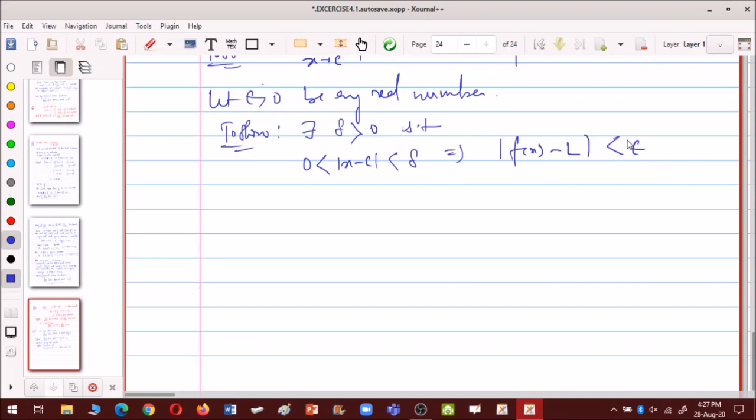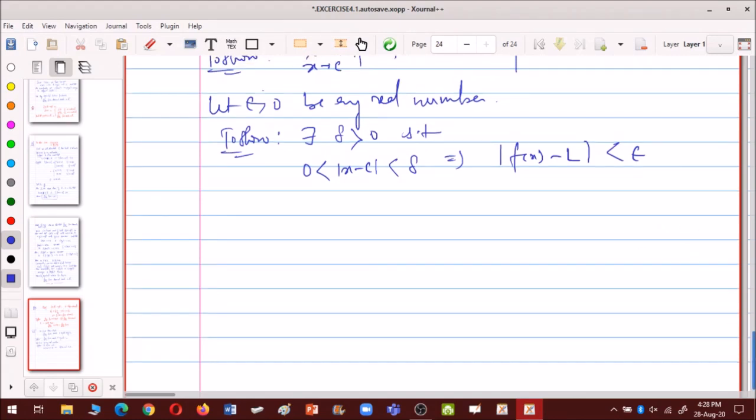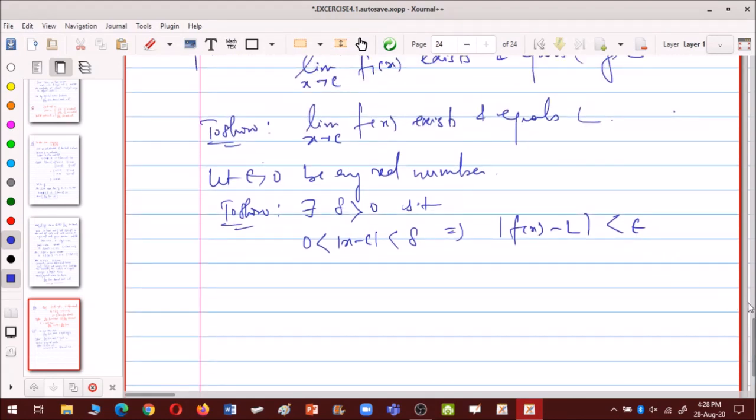So for this what we will do, we will use the limit of f1(x).